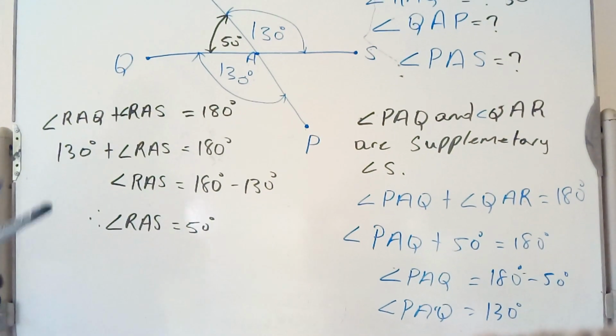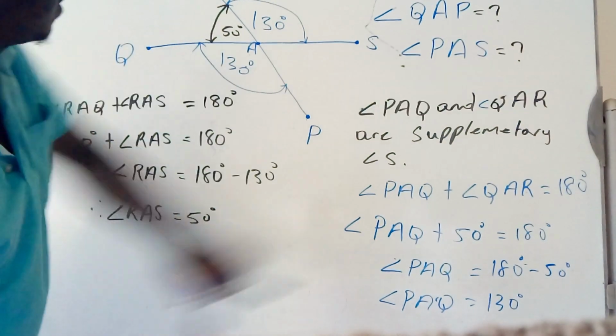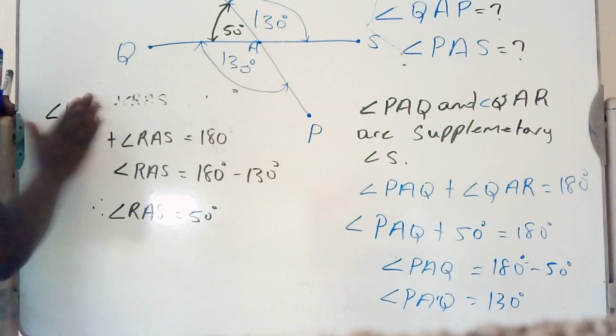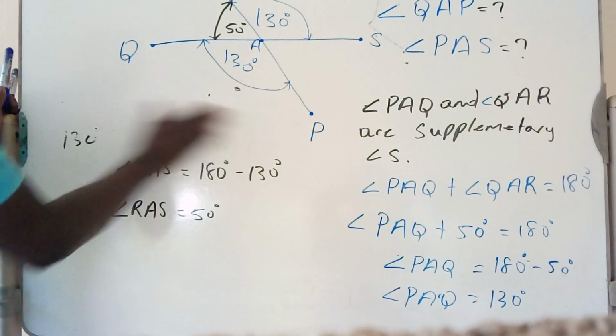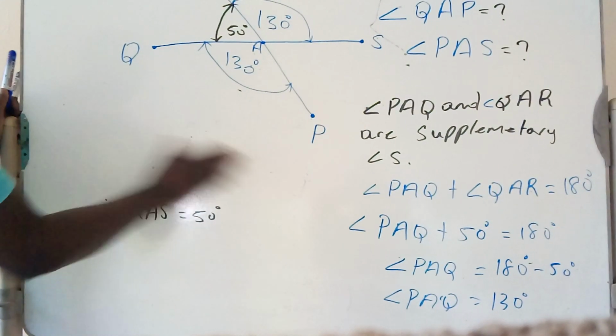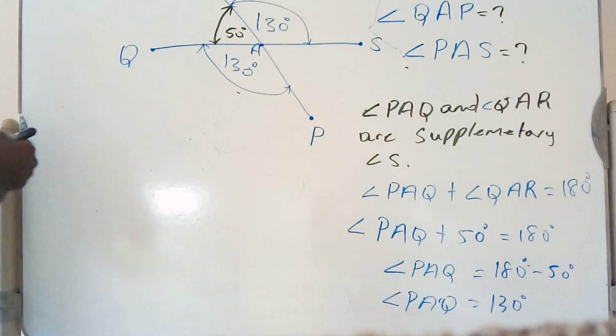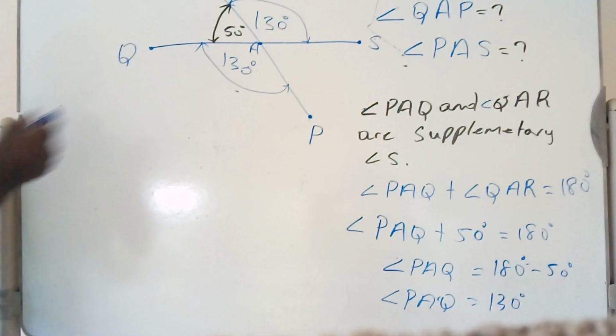So we only have one more part to solve, which is angle PAS. And we are going to use the same idea, supplementary angles. We know that supplementary angles add up to 180.